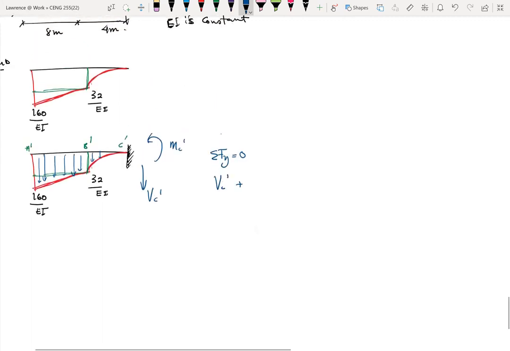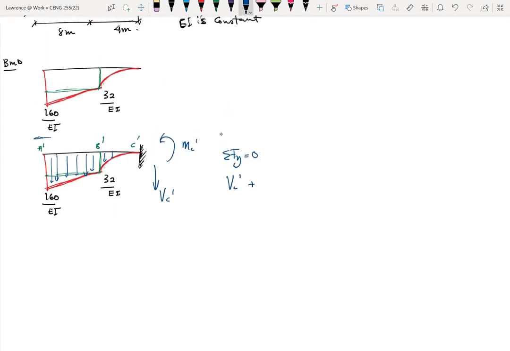The base is 8 meters and this is 4 meters. So 8 times 32 over EI.